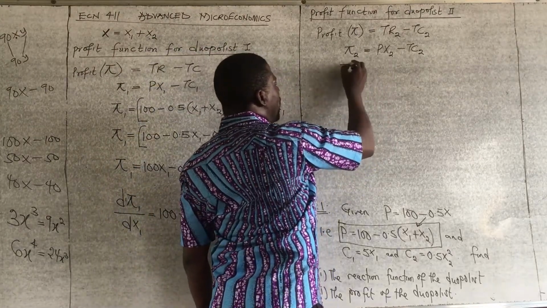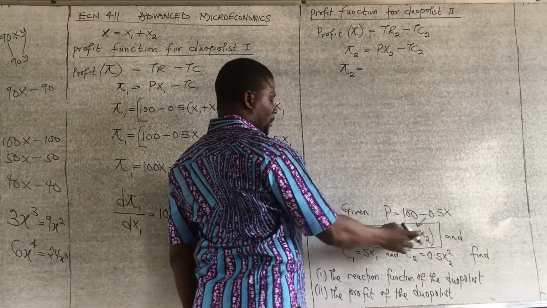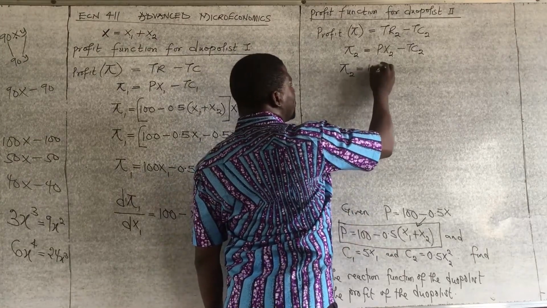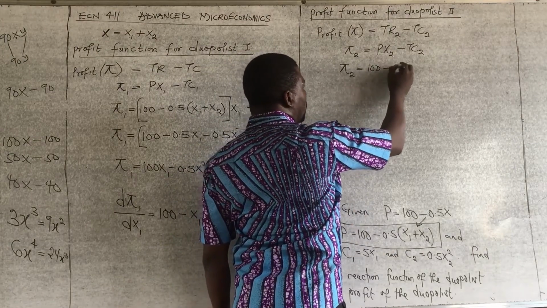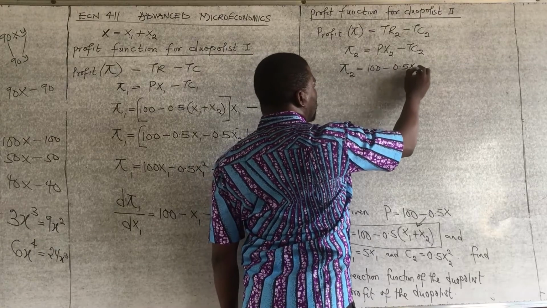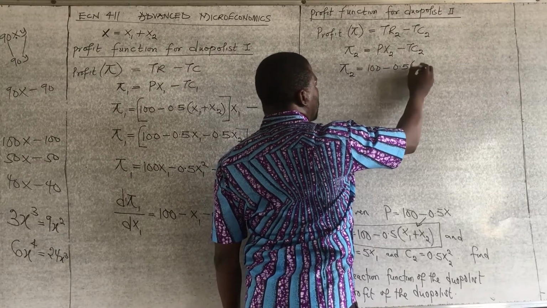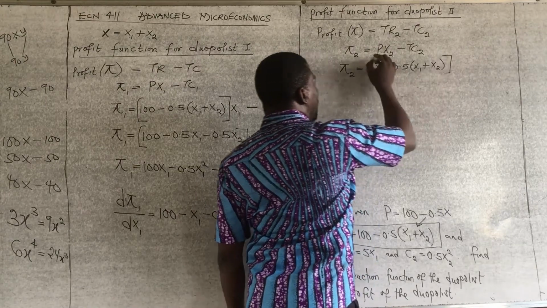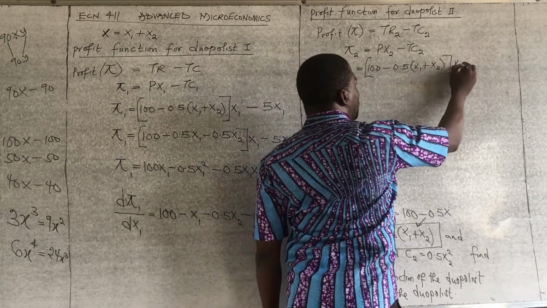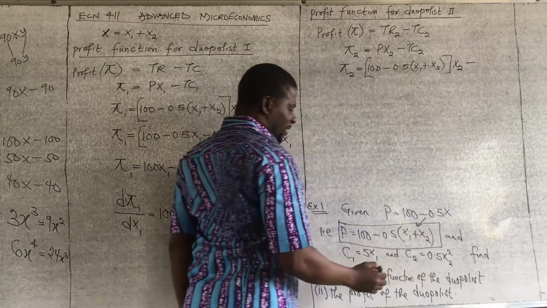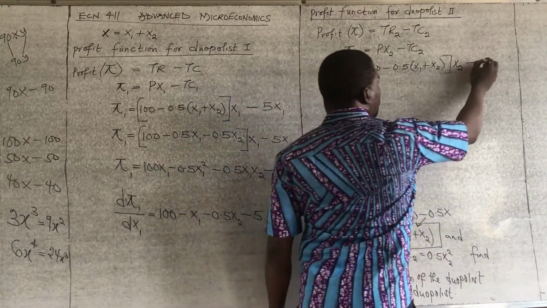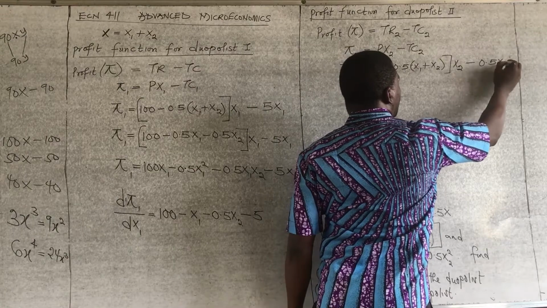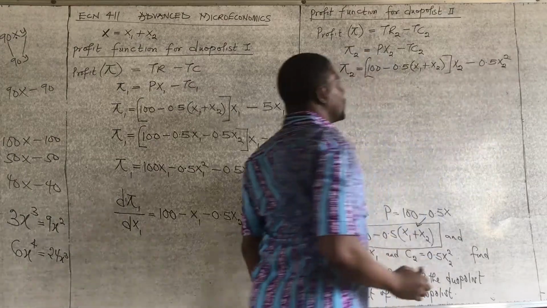Okay, what's the price function? P equals 100 minus 0.5 into bracket x1 plus x2, close the bracket, times x2. Are you with me? Yes. Minus what's our tc2? 0.5 x2 squared.